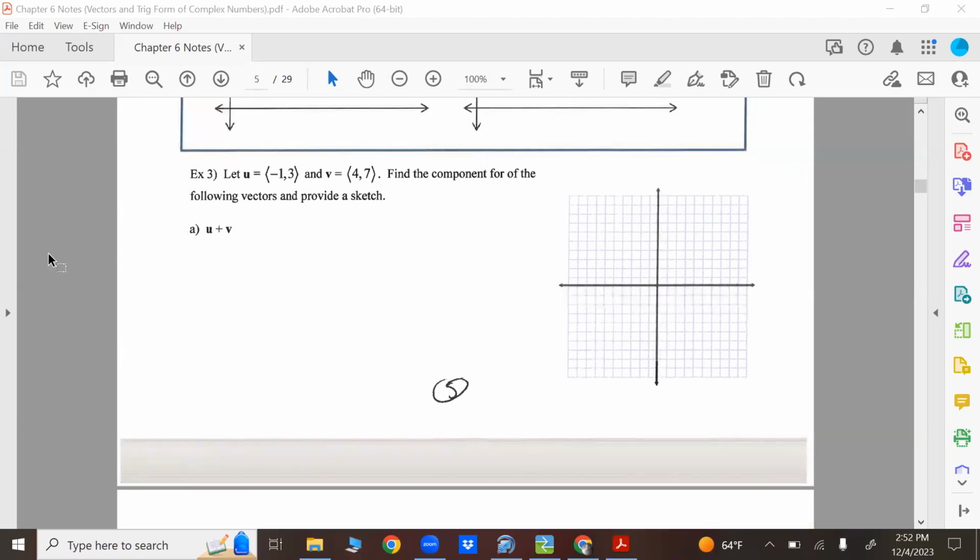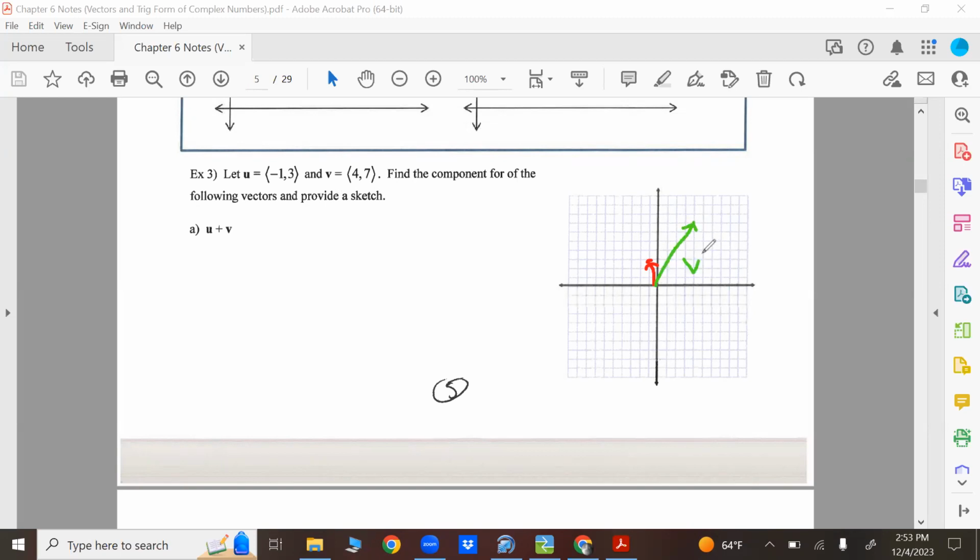Okay. So -1, 3 is right here. And let's go green for the other one. 4, 7. Oh goodness. 4, 1, 2, 3, 4, 5, 6, 7.